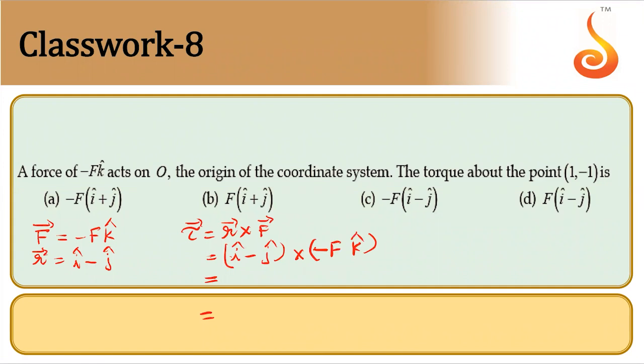Now I cross k will be minus j. So F into j, minus into minus will be plus. J cross k is I. So F into I cap plus j cap should be exactly opposite of what we had got. So it should be R cross F, not F cross R. So it should be option B.